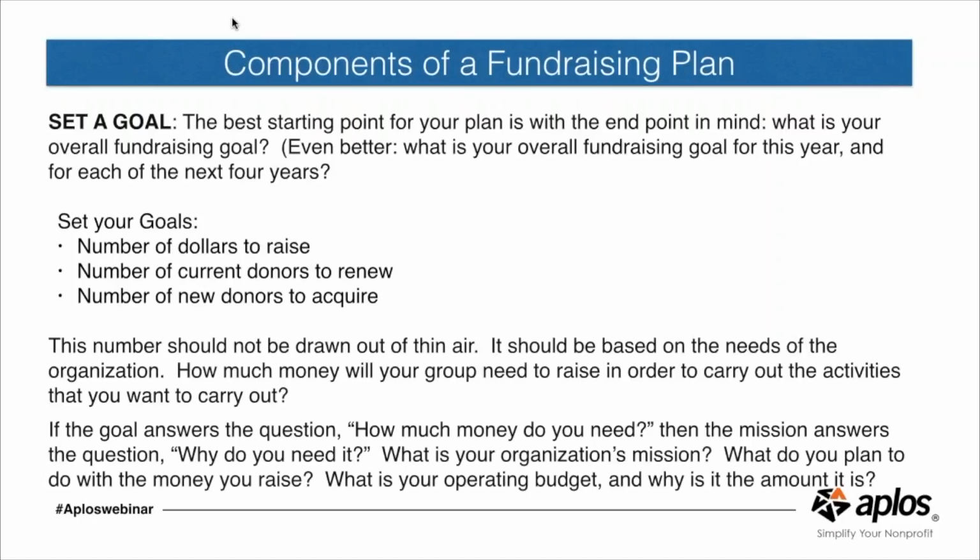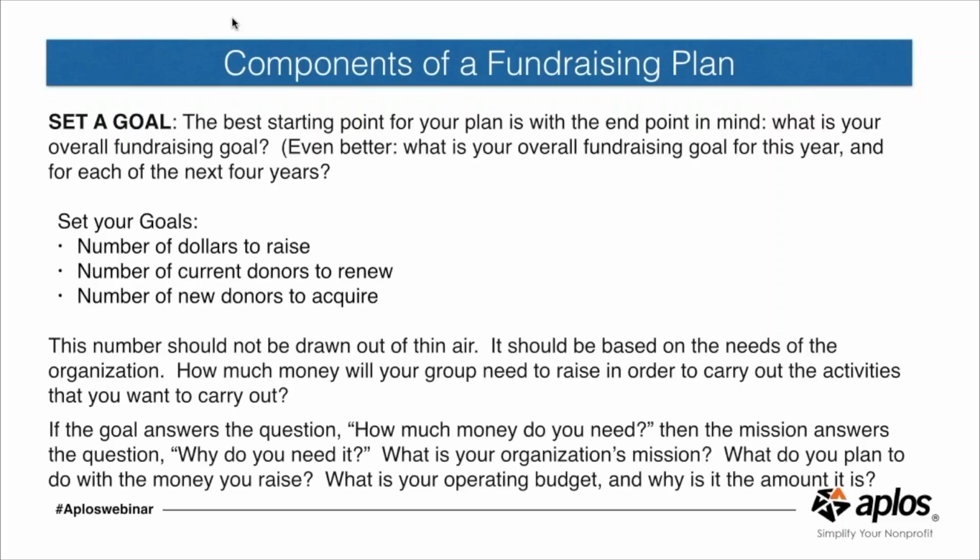Do you want to do $100,000 for the next 2 years? Do you want to grow? Do you want to double? Do you want to triple? Just like you would with a business plan. It's the same ideas. And the other thing about the fundraising plan is it's not just dollars. Here are some other goals you can set: the number of dollars you want to raise, and the number of current donors you want to renew. Maybe you have 300 current donors in your database, and hopefully you're using a database.